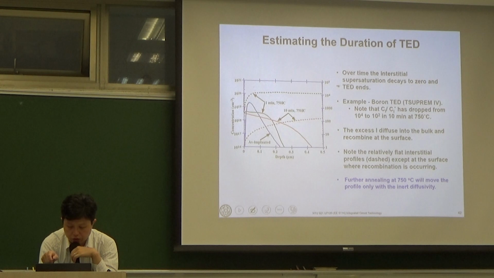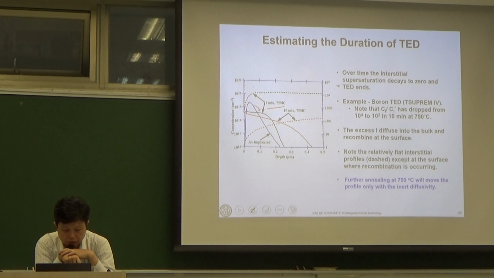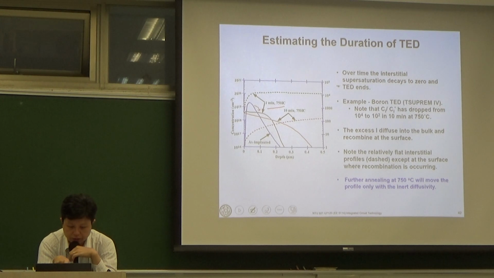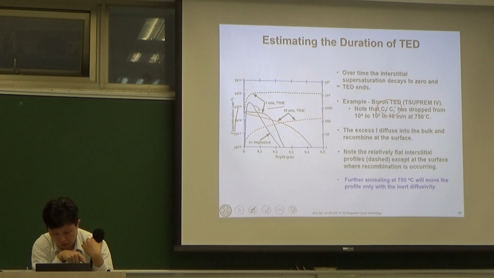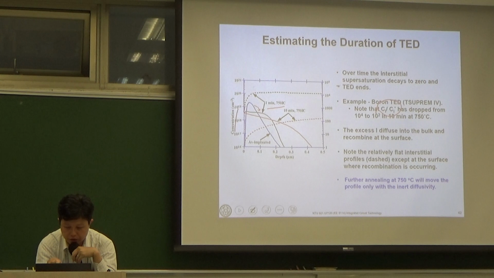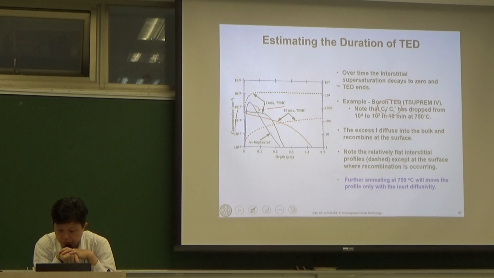Then when you do the annealing for 1 minute at 750 degrees C, you can see the profile begin to diffuse, as this black line, and this black dashed line is the concentration profile. So this is the concentration profile, and this is the enhancement factor here.